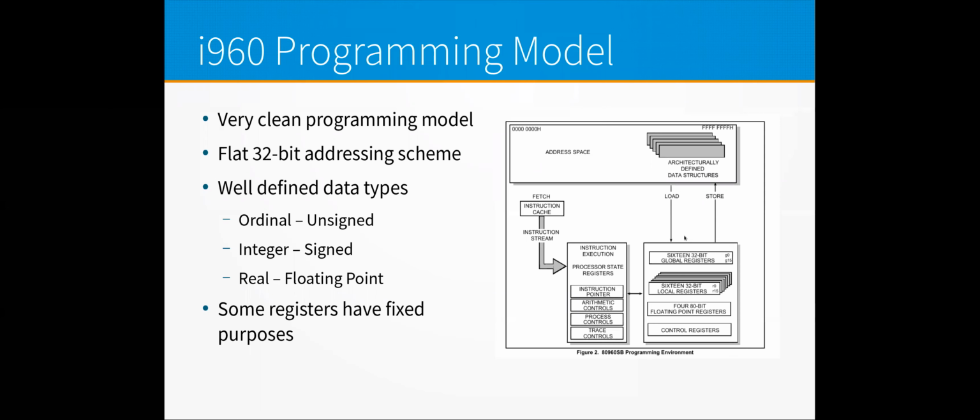And if your i960 is equipped with an FPU, you get 4 80-bit floating point registers as well. It has a very, very well-defined data type system, and this is a subset. You have ordinals, which are unsigned, integers, which are signed, and reals, which are floating point. And there are several registers, at least 3, I know off the top of my head, that have fixed purposes.